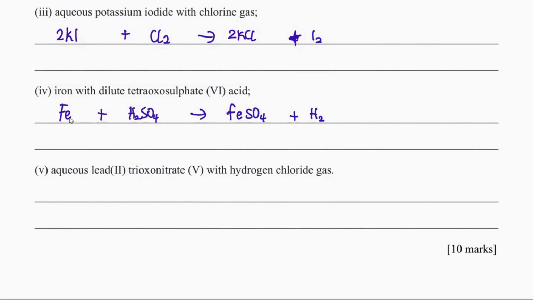Then aqueous lead 2 trioxonitrate 5. We have our lead here, Pb, and trioxonitrate, 2 of it because of the oxidation state of the lead, plus 2 HCl to give us lead chloride plus 2 HNO3. This is just the overall balanced equation.